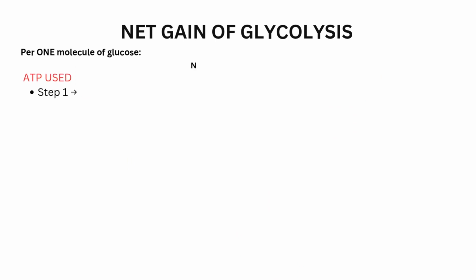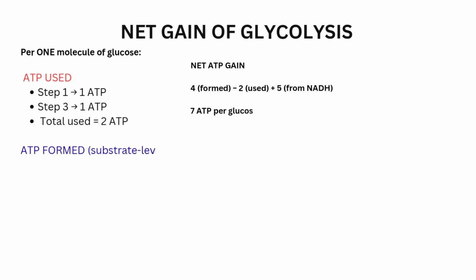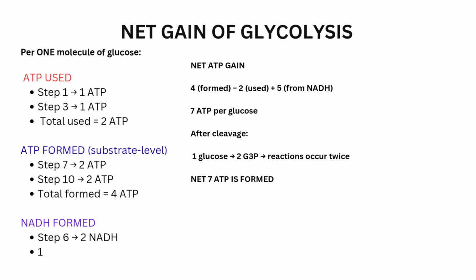So now let's calculate the net gain of glycolysis in a simple way. First, ATP is used in two steps, step 1 and step 3. So 2 ATP are consumed. ATP is formed directly in two steps, step 7 and step 10, producing a total of 4 ATPs. Next, 2 NADH molecules are formed in step 6.